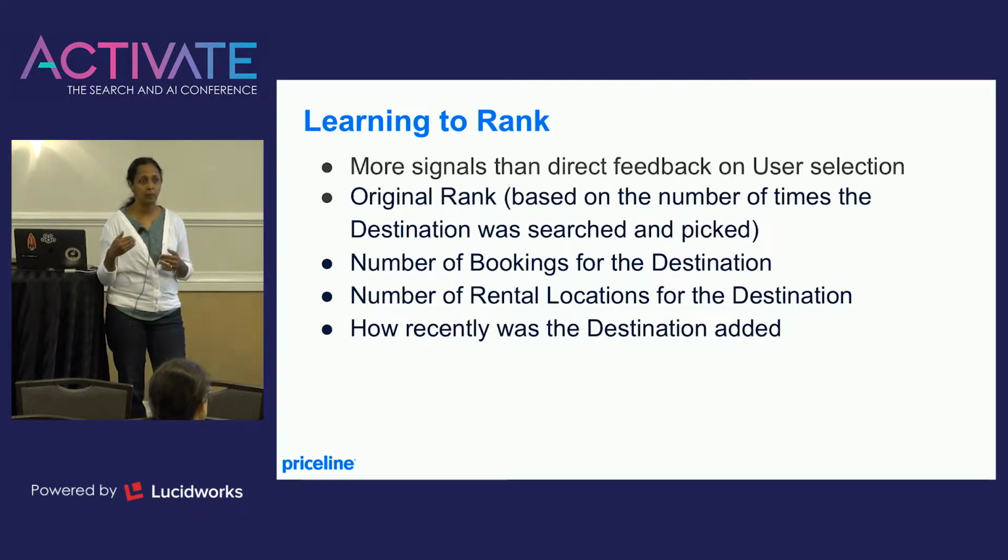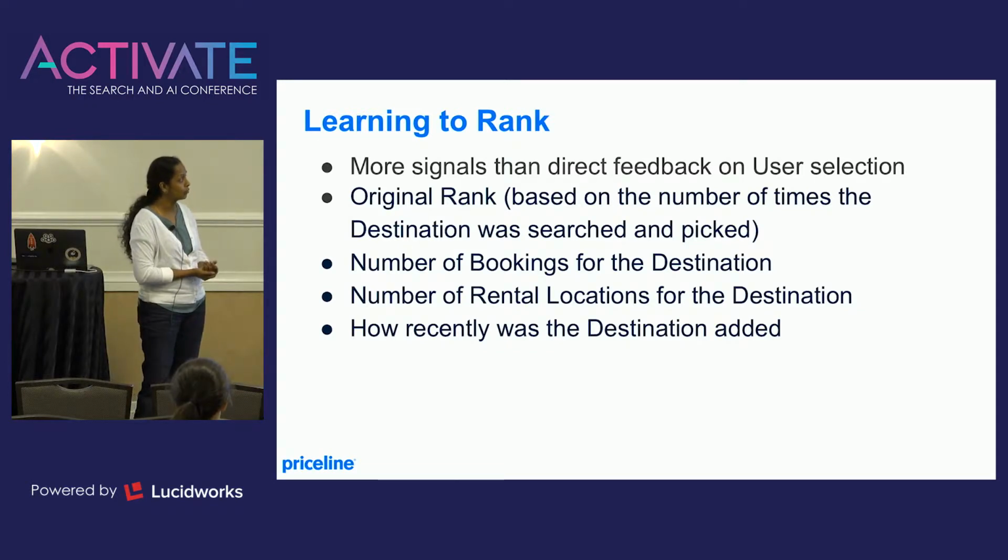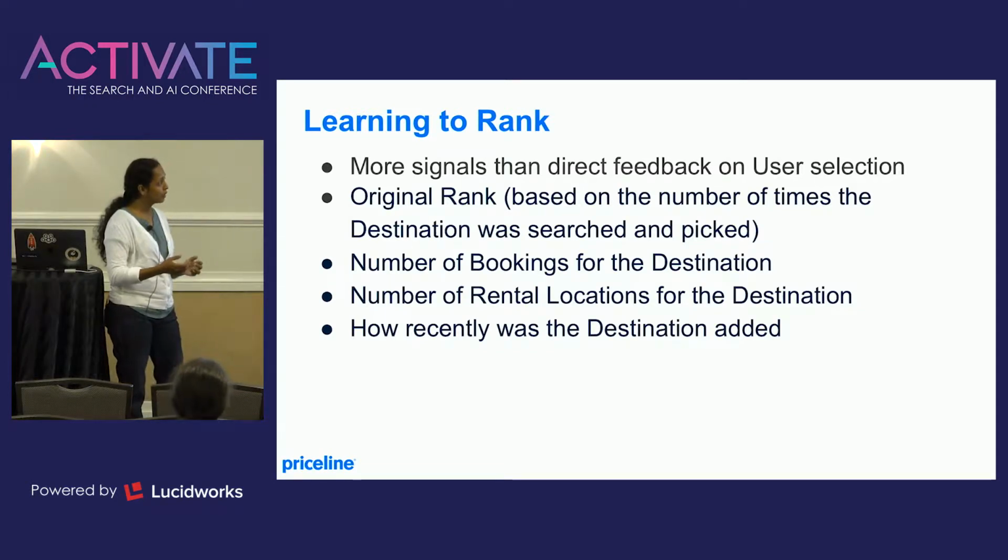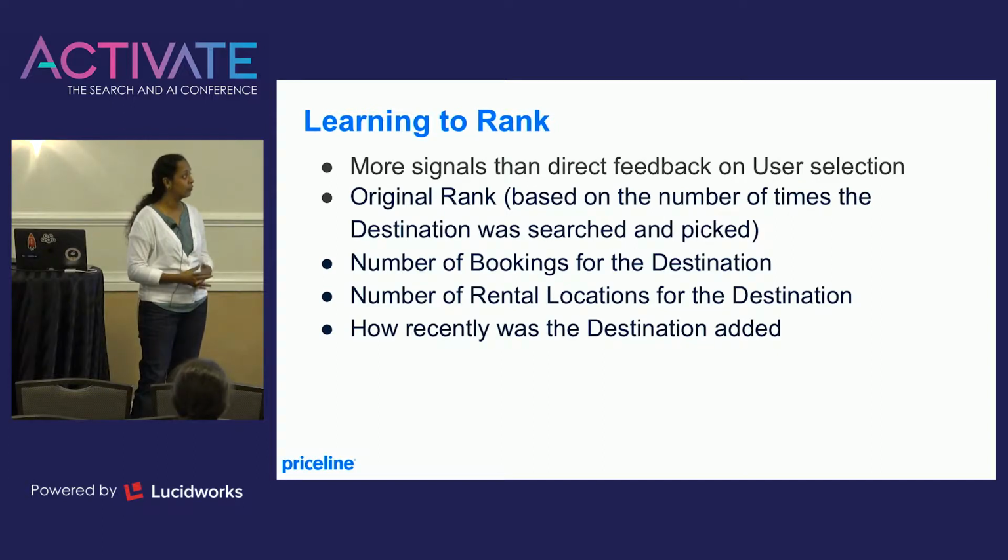People might have searched for something, found it in the first few results, but then actually ended up booking something different down the line, because search is so far away from the actual booking or the checkout page. There are a few steps in between. So if the user has changed directions and booked something different, we want to capture that signal. We also want to take care of the number of bookings, and also the number of rental locations.